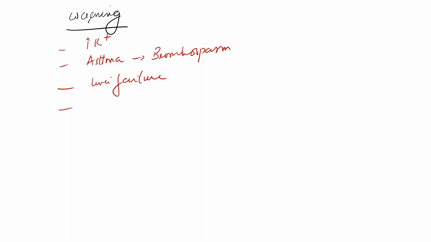We should be careful to use ibuprofen in patients who have elevated potassium. We should be careful with ibuprofen in patients with asthma because this drug can cause bronchospasm. In patients who have liver failure or hepatic impairment, we should avoid this drug. In patients who have kidney failure or chronic kidney disease, we should try to avoid this drug if possible.